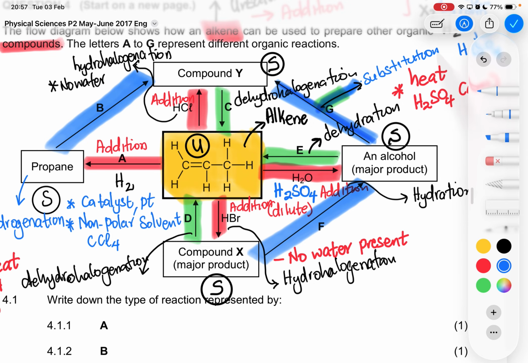Now, siyabonga Baba Matiwan. Thank you for joining us. Yes, there are substitution reactions. Thank you, Mr. Matiwan, for coming through. Siyabonga.